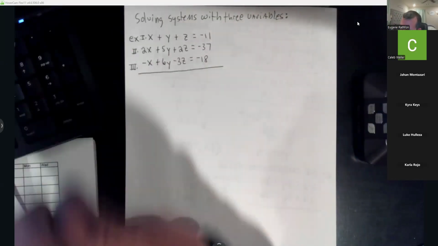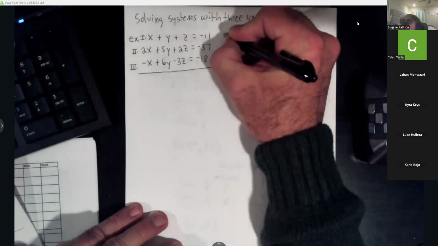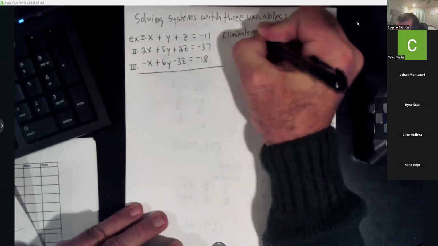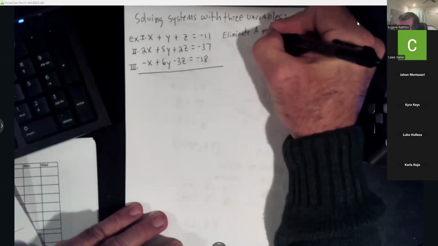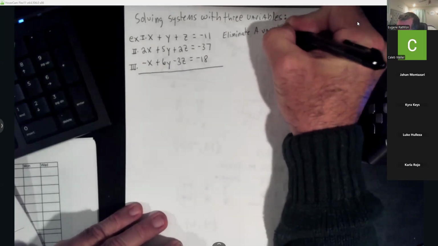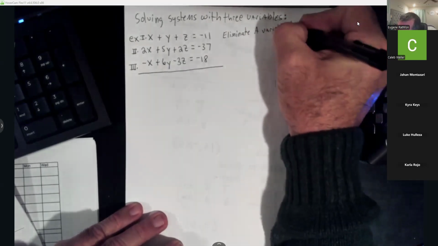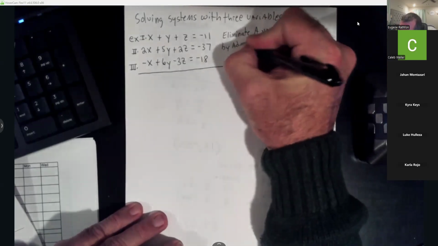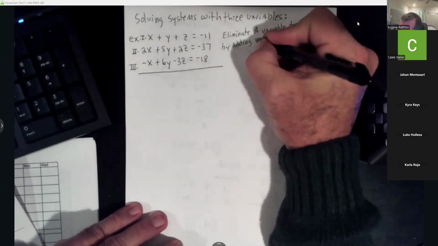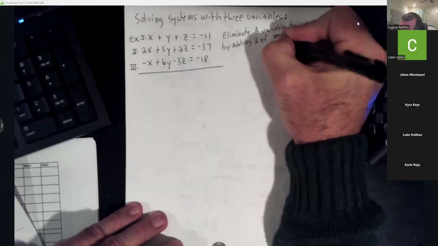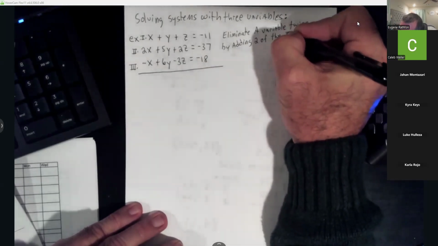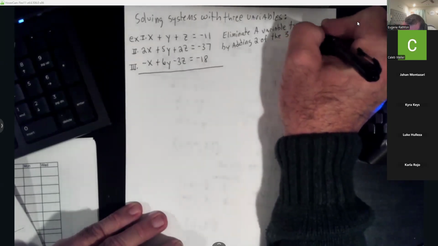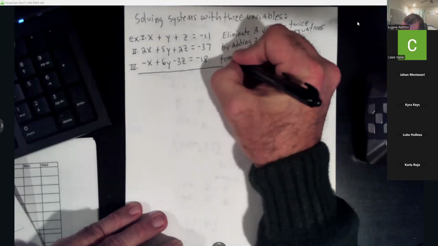So the first thing we're going to do, we're going to eliminate a variable twice by adding 2 of the 3 equations together.